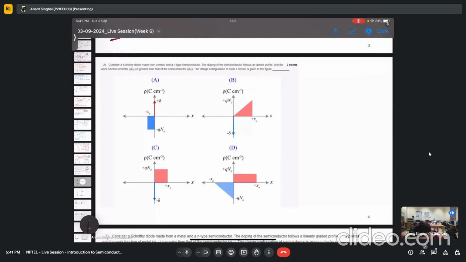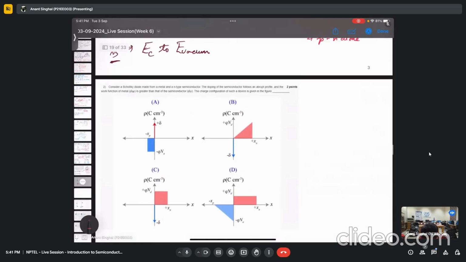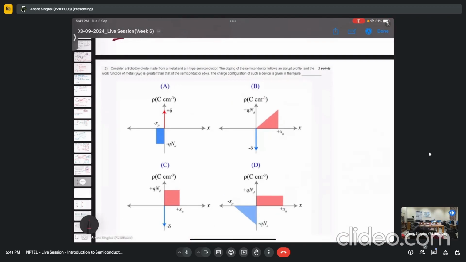Okay, so we have a question now. Maybe you will try to solve it, obviously, but let me give a very brief overview. We have a Schottky diode made from a metal and an N-type semiconductor. The doping of the semiconductor follows an abrupt profile. This is a keyword here, abrupt profile.